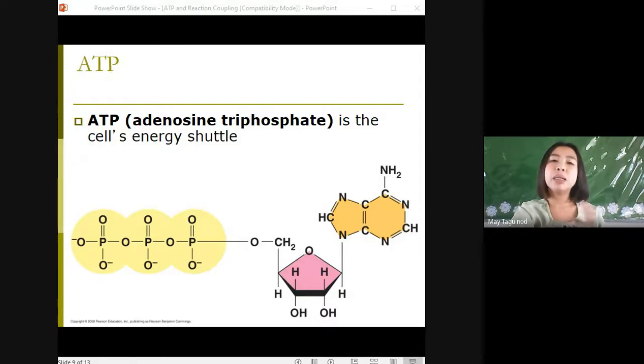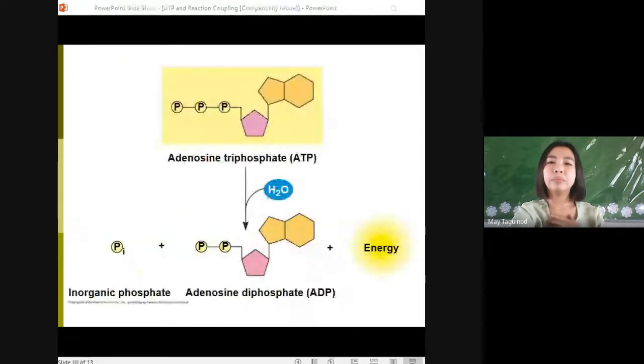ATP is composed of ribose, the sugar, adenine, the nitrogenous base, and three phosphate groups. The bonds between the phosphate groups of ATP's tail can be broken by hydrolysis, the application of water.